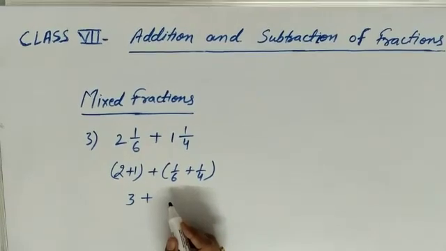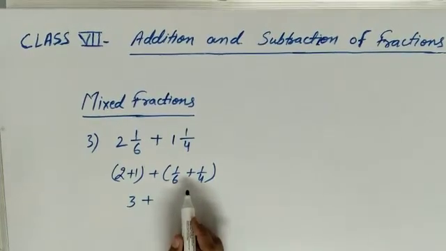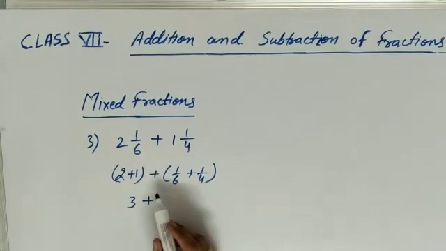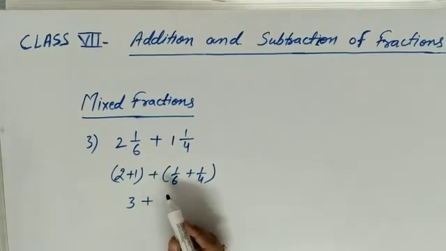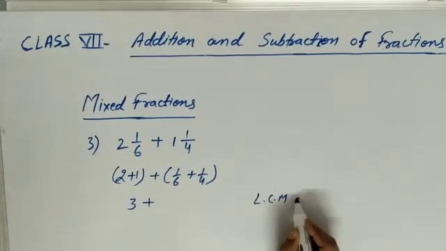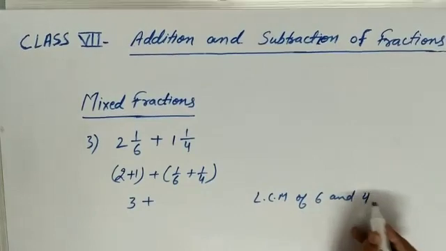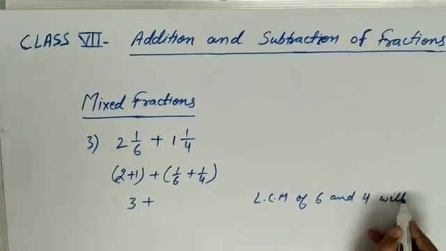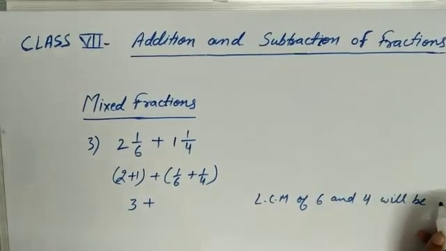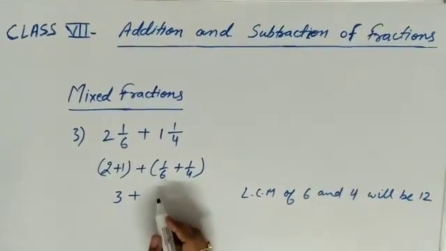Now we add the proper fractions, but these fractions have different denominators. So first we have to make the denominators the same. We use the LCM. The LCM of 6 and 4 will be 12. Now we make the denominator 12 by multiplying with the same number.